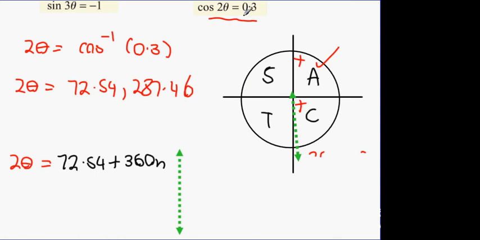The second one, 2 theta equals, oh sorry, not 72.54, 287.46 plus the rotations, 360 n. Now, what we're going to do next is we're going to convert them all into pi radians, okay?